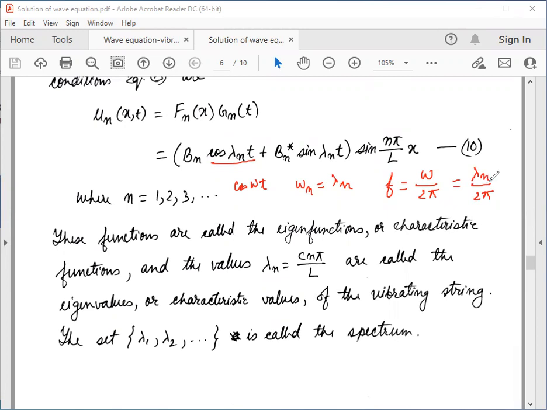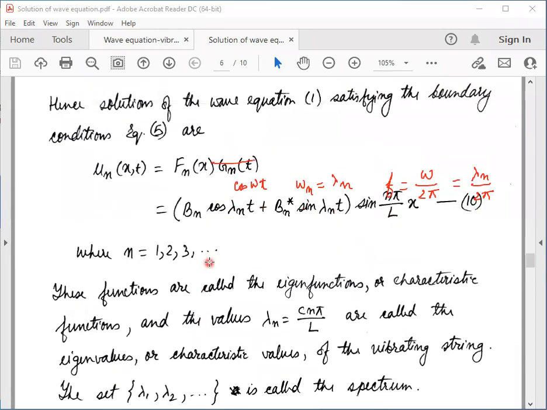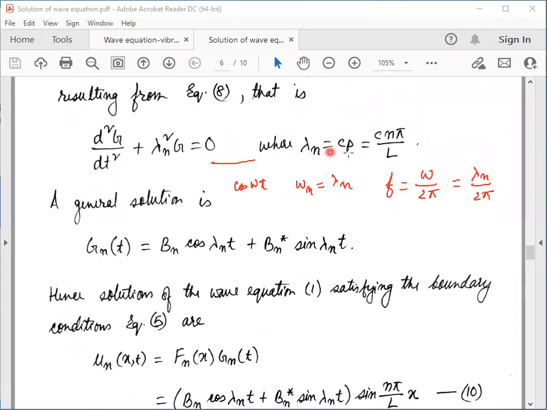Okay, and when I substitute the values of lambda n, we just saw that lambda n is c n pi by L. So divided by twice pi, this will become c times n by twice L. So the frequency of the vibrating string will be c times n by twice L. And this motion is called the nth normal mode.